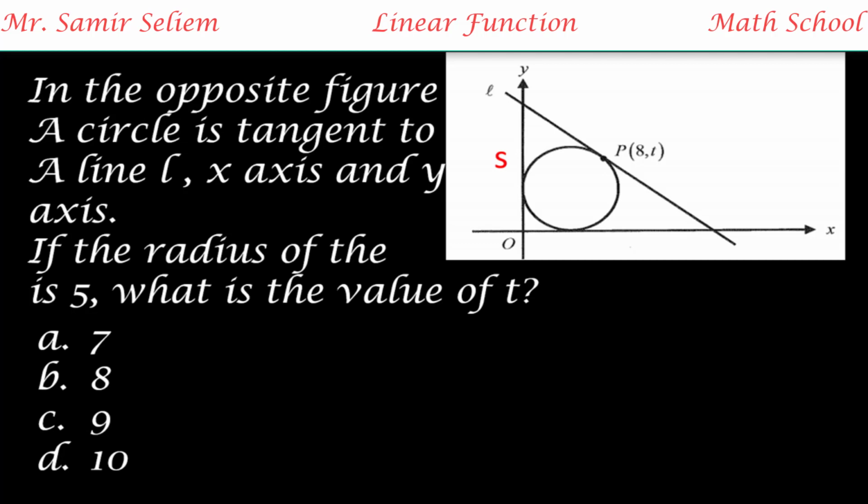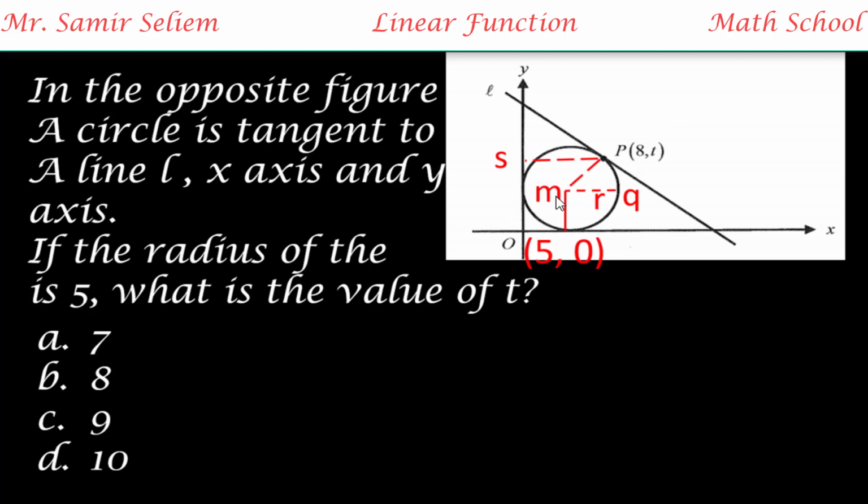To find the value of t, we will draw on the shape. We can name many points here like S and M, and draw like this from the geometry of the shape. If I ask you about MB, it is a radius, so it's 5.